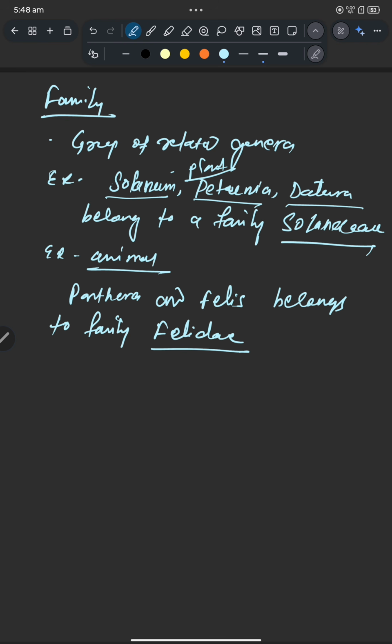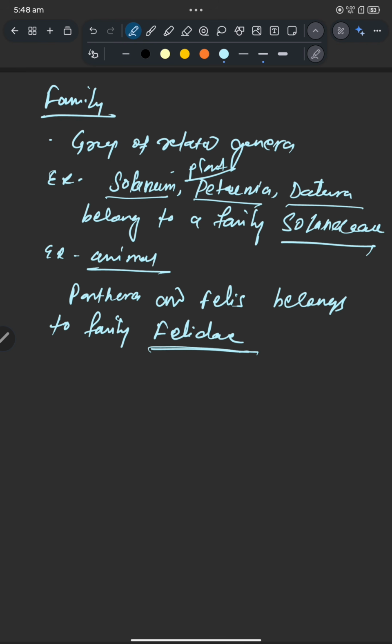So there are a lot of similarities between them, they are related. You say, if you haven't seen the mother, then look at the mother's sister, so there is a saying. So the cat is the mother's sister and tiger is the mother. Okay, so they are related genera. So they belong to a single family, that is Felidae.